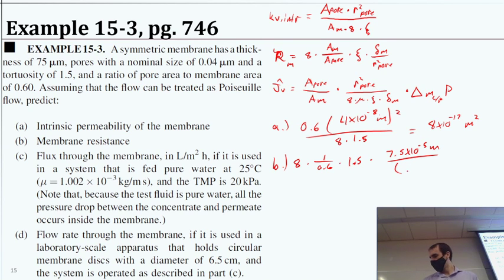Or the 4 times 10 to the minus 8th meters squared. Yeah. That nominal pore size, is that the radius or is that just, I thought it was the diameter.